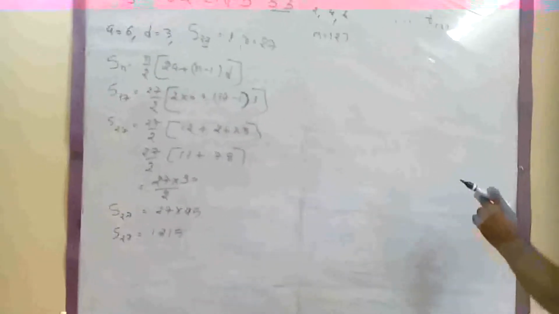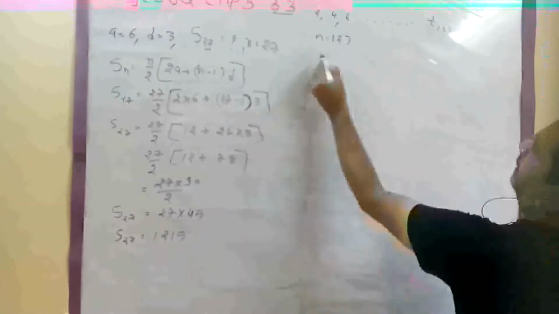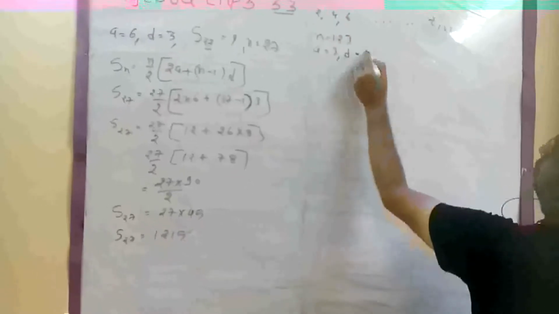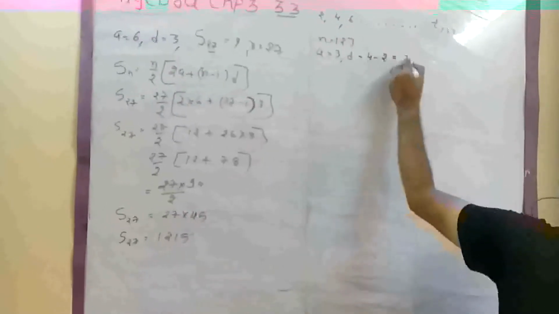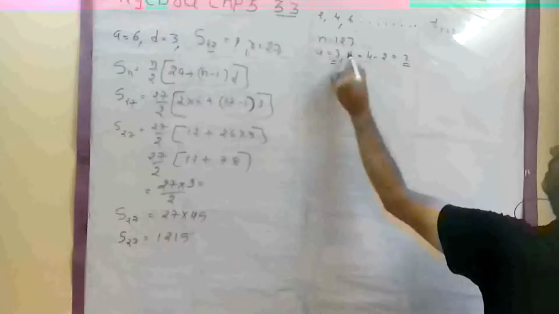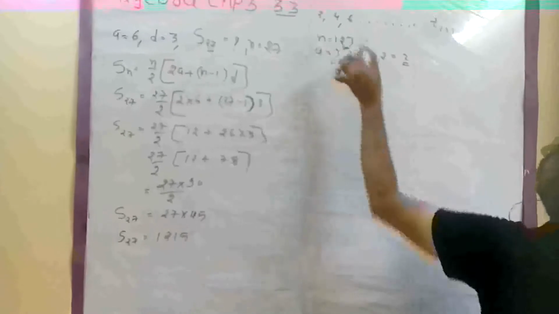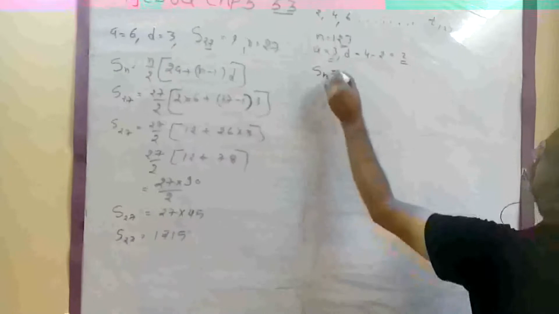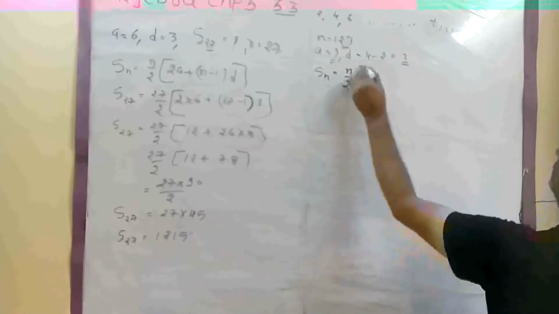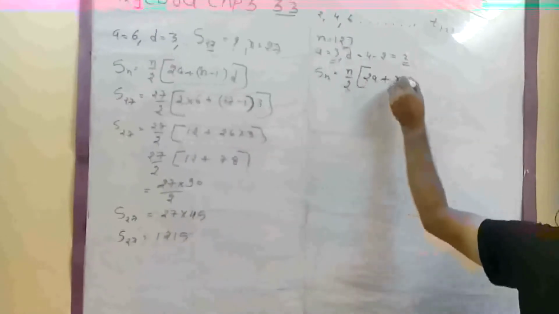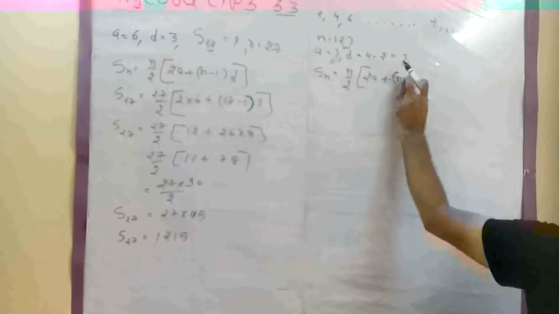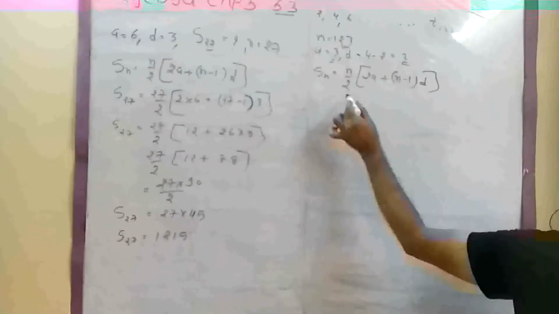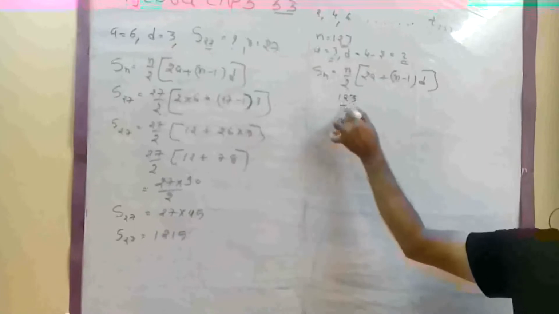Okay, now a is equal to 2, difference is equal to 2. A we have, D we have, N we have. So again like this, Sn is equal to n by 2 in bracket 2a plus (n minus 1)d, and n is 123 numbers.